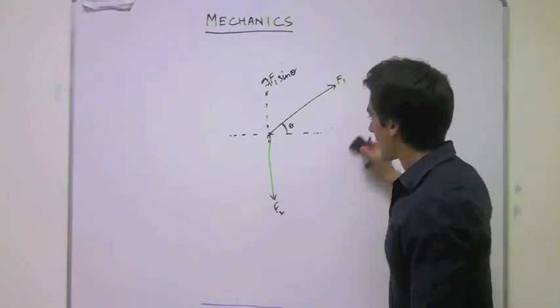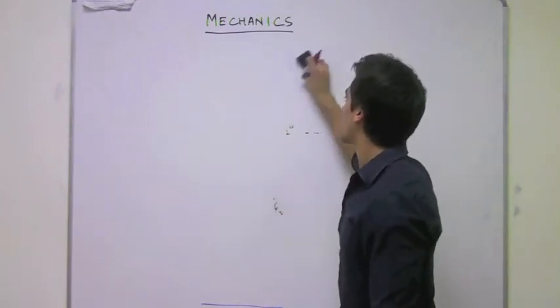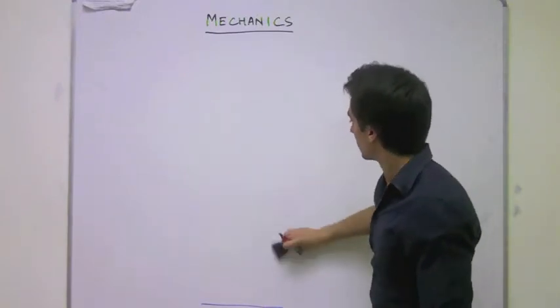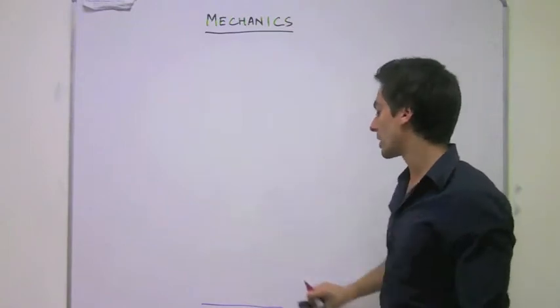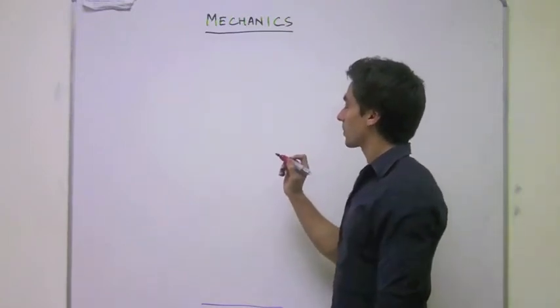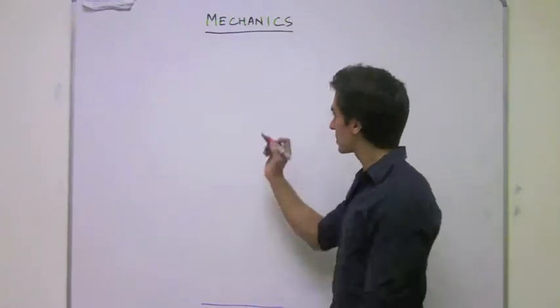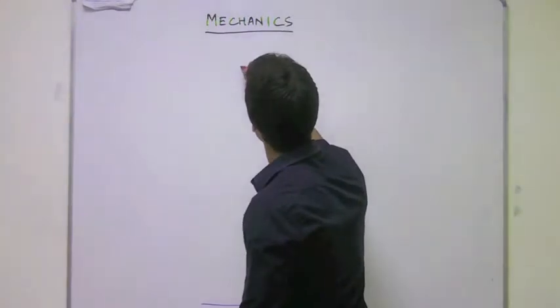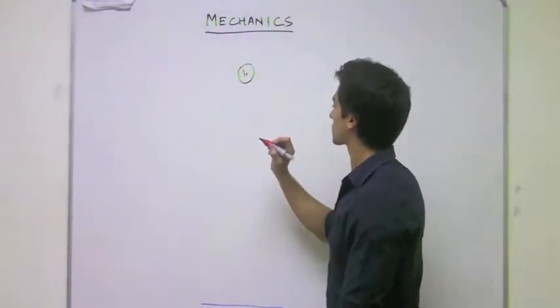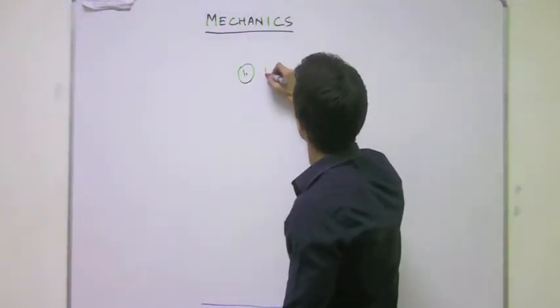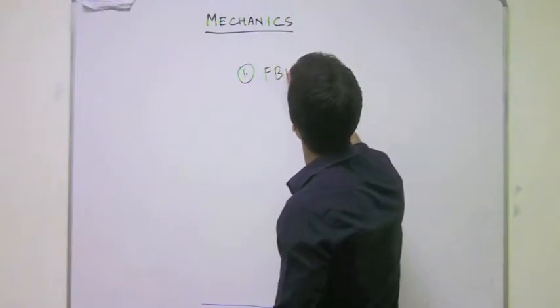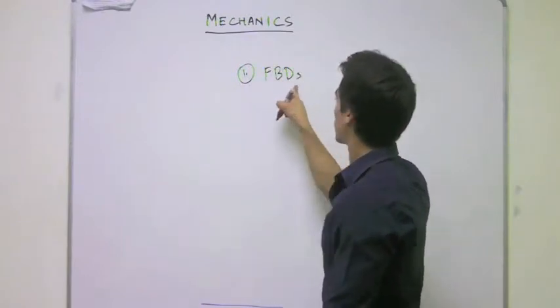Once you've done that, you can go into a proper example and how to solve dynamics questions. There are three important steps. The first step in any dynamics question is to draw the free body diagrams. You want to mention what free body diagrams are.